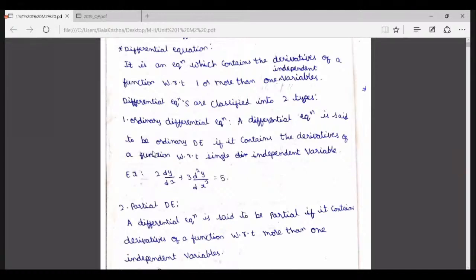You will be given the problems in the form of bits. Compulsorily you will have one 5 mark question from any one of these methods, that is exact, non-exact, linear, Bernoulli, and another 5 mark question will be from the application point, that is Newton's law of cooling or growth or decay problem.